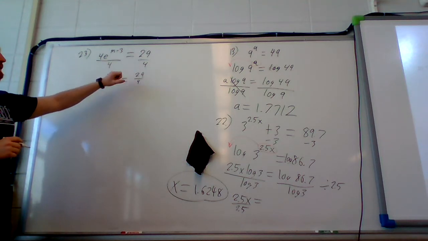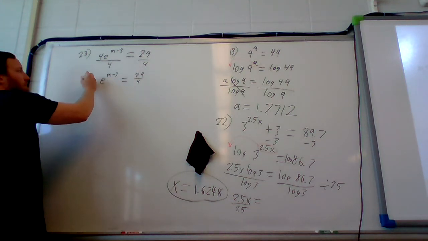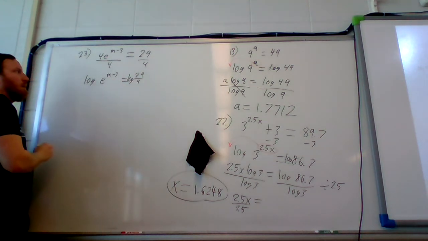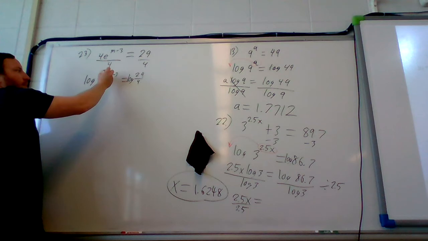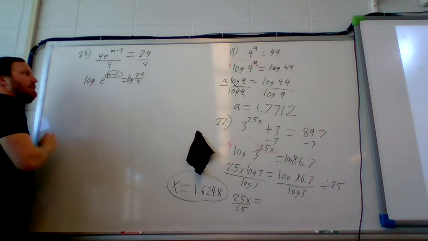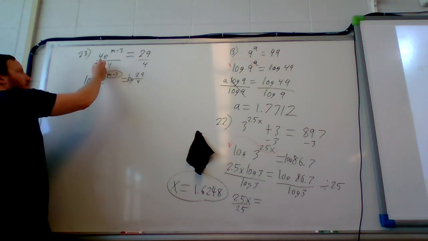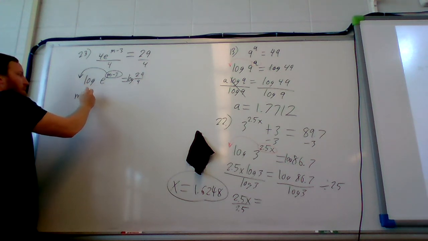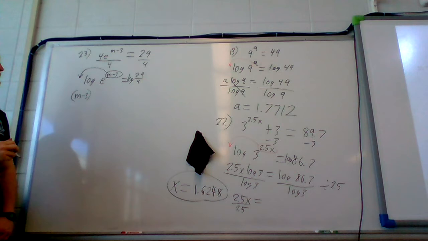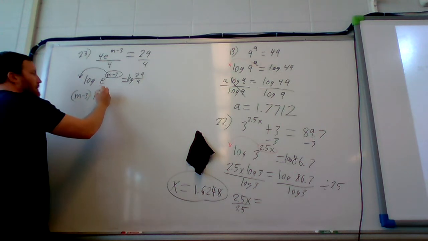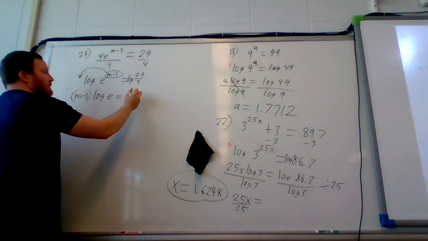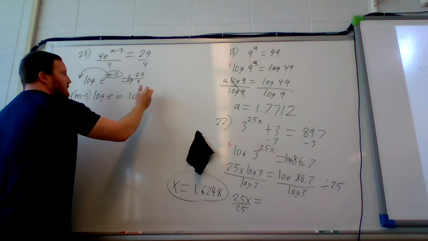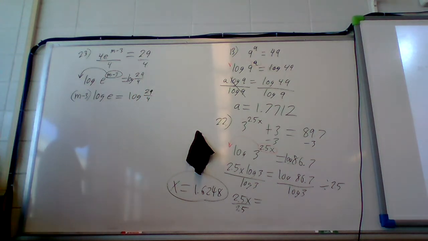Then we want to take the log of both sides. Again, that's going to allow us to take that n minus 3, bring it down out front. And n minus 3 times log of e is equal to log of 29/4.